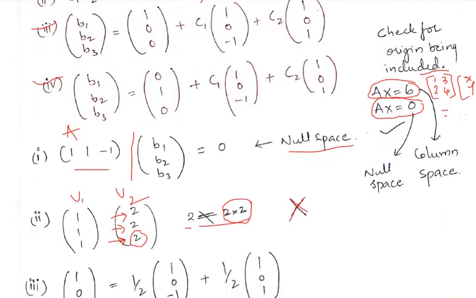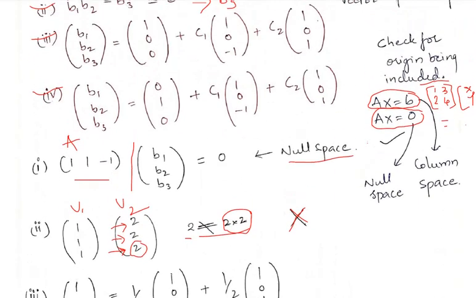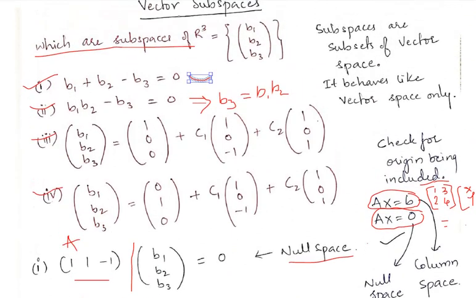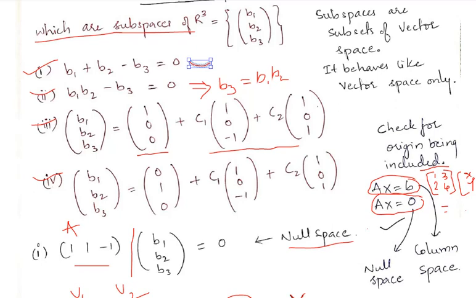Okay, coming to the third question. What is it? b1, b2, b3 is equal to 1 0 0 plus c1 into 1 0 minus 1, c2 into 1 0 1. Can we find this column vector in terms of these two vectors? Yes, by multiplying by negative half and positive half.